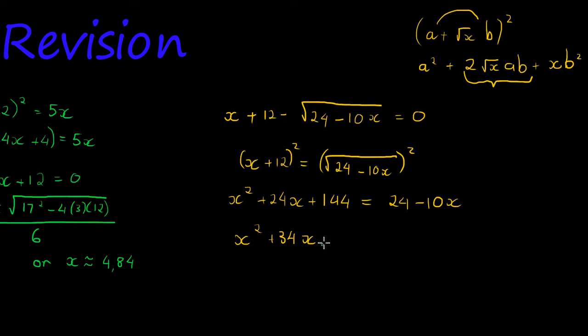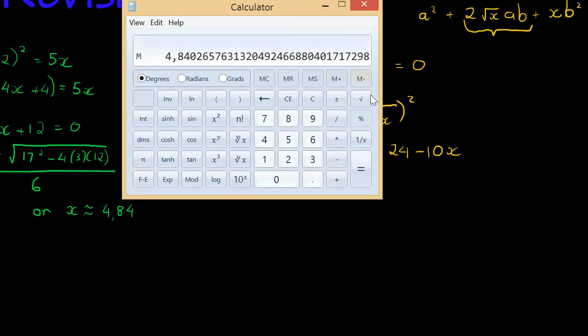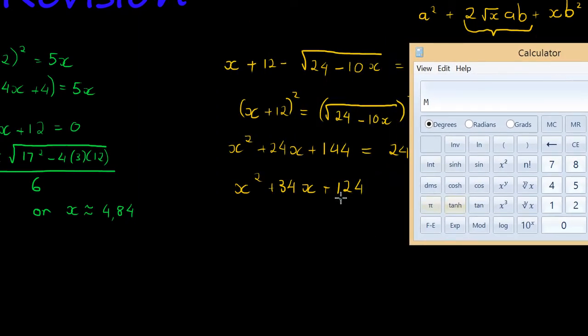And so now I'm left with x squared plus 34x, and then the 144 minus 24 is 124. So what can I multiply together so that I get 34? Okay, you can obviously use your calculator, but what would give me 34?